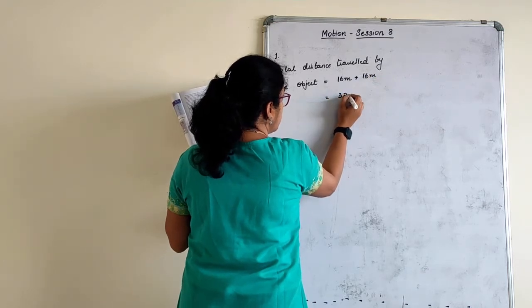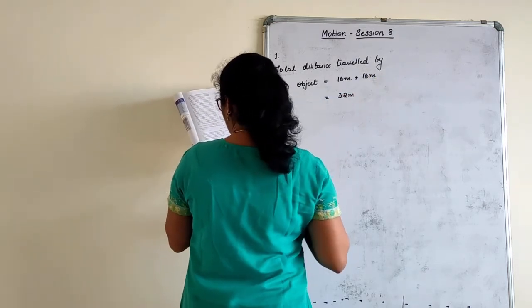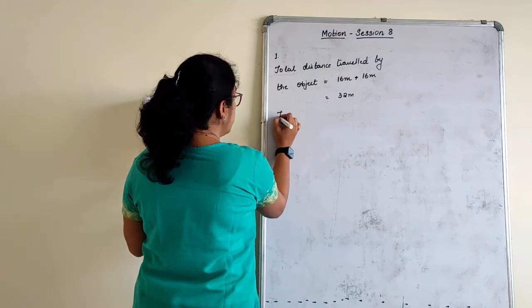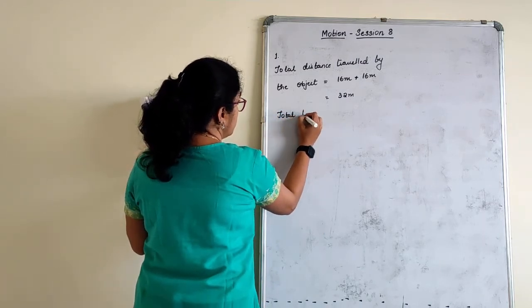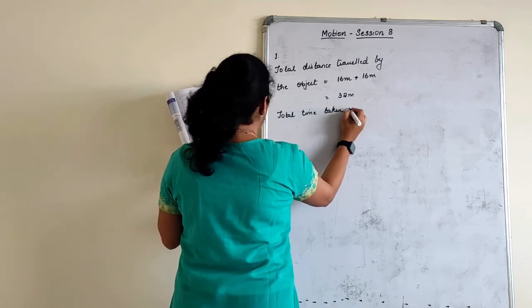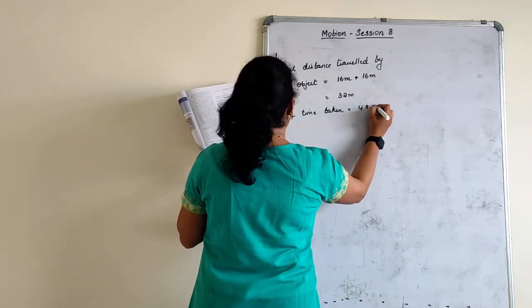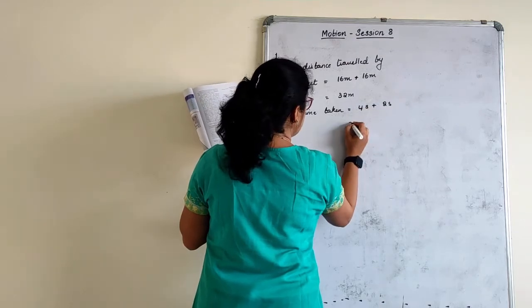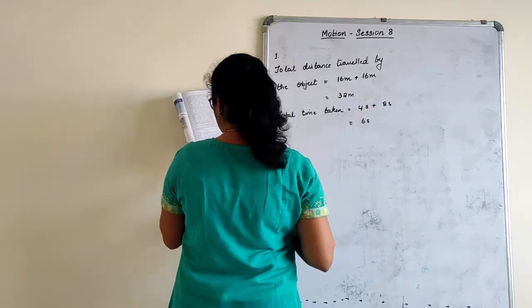That is 32 meter. And total time taken is equal to 4 seconds plus 2 seconds, that is equal to 6 seconds.